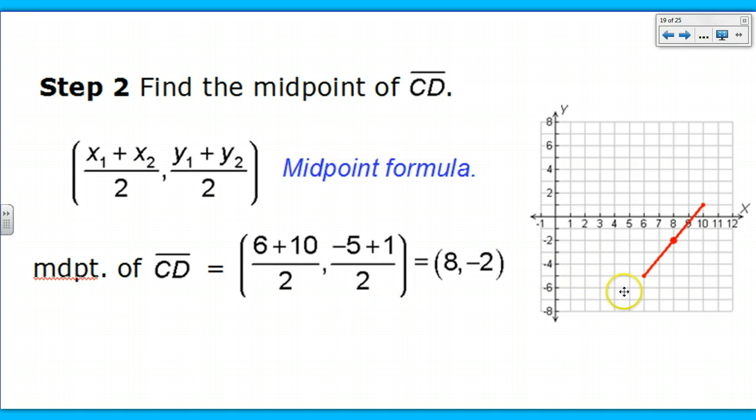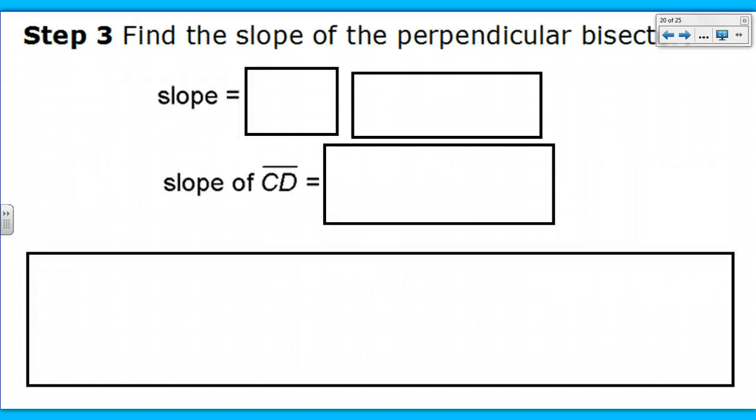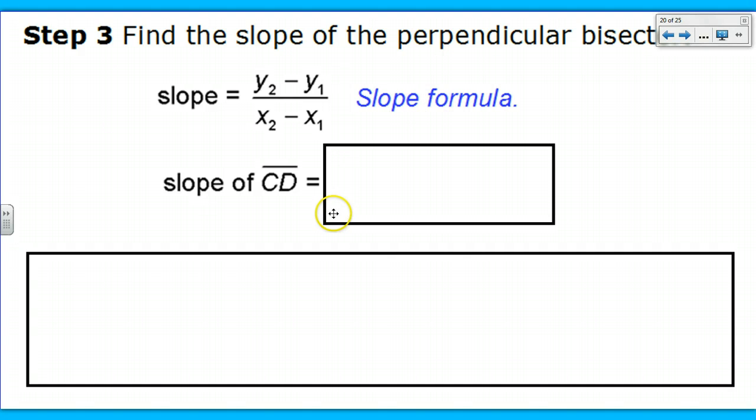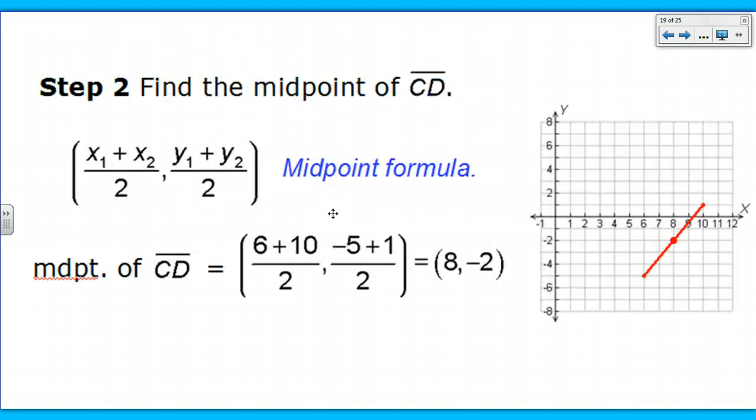We now need to create the bisector. If it's a perpendicular bisector, we know that the slope of the new segment will be what compared to the slope of the original? Remember? If it's perpendicular, it will be the negative reciprocal, right?